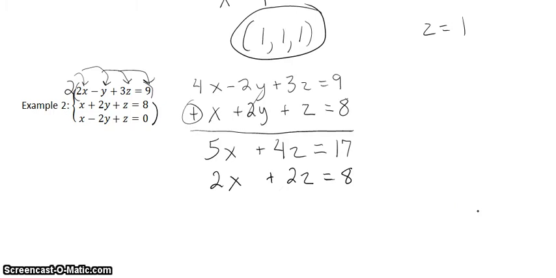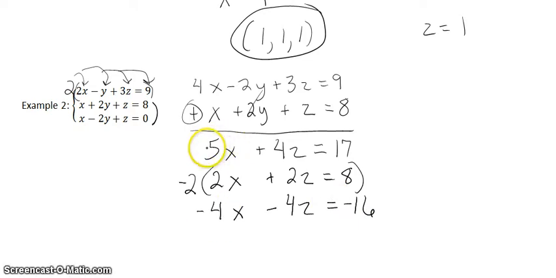Then I can use substitution or elimination. I'm going to use elimination, and I'm going to eliminate the z's because all I need to do is multiply the bottom equation by a -2, and then I'll have the same number in front of my z with opposite signs. So this will be a -4x minus 4z equals -16.